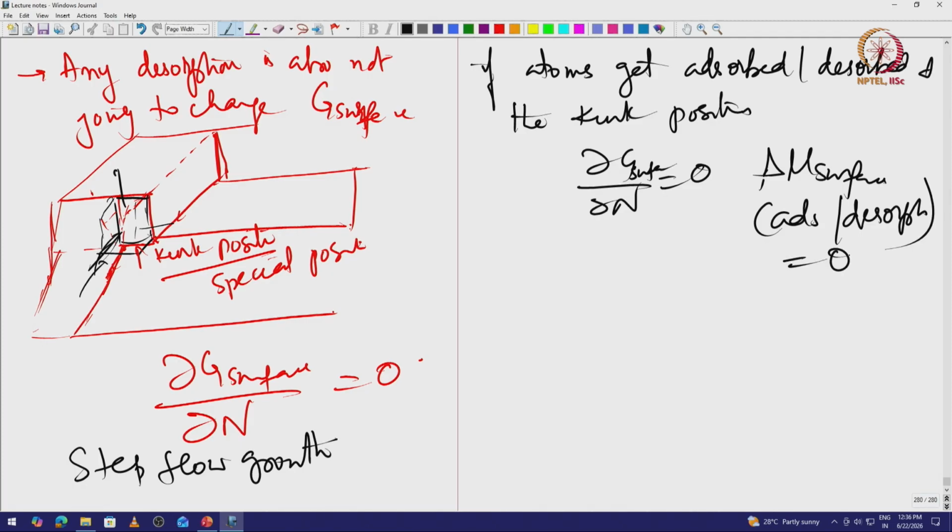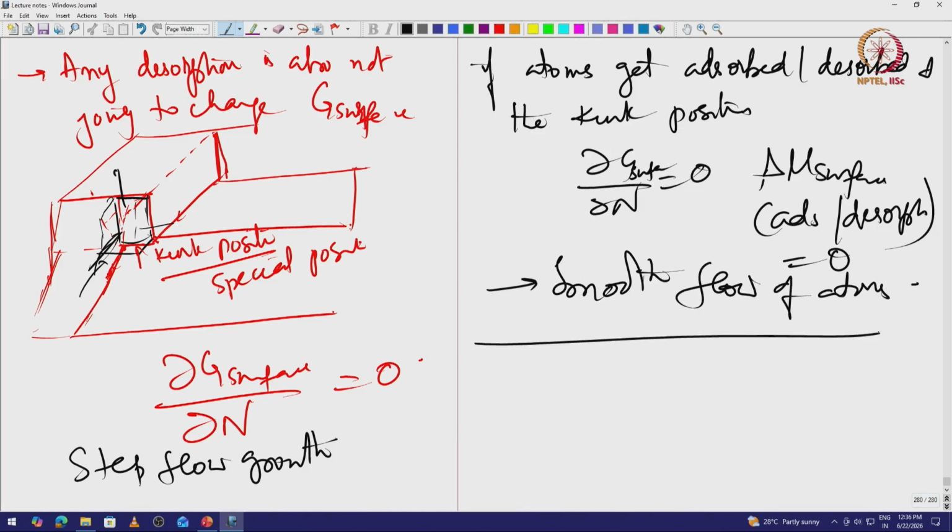Okay. So, as a result I have a smooth flow of atoms, right. So, now although this is fine, right, ideally I want atoms to migrate towards the kink positions, get stuck there, right, and if atoms are getting stuck at the kink positions, I can have what is called a step flow growth.